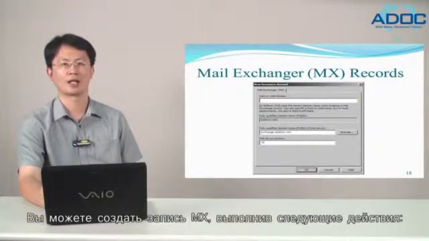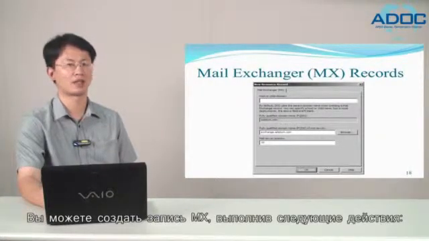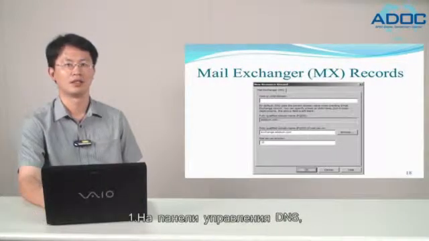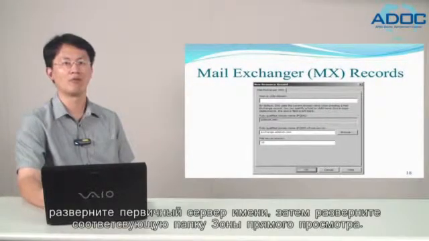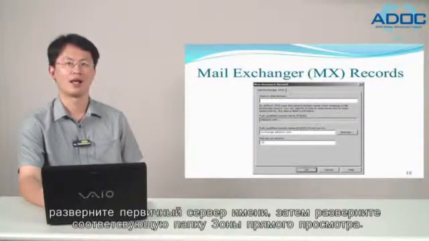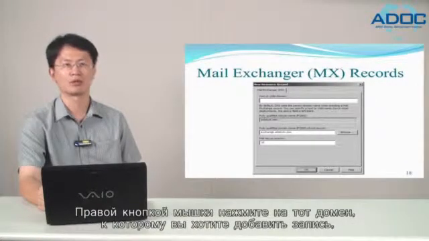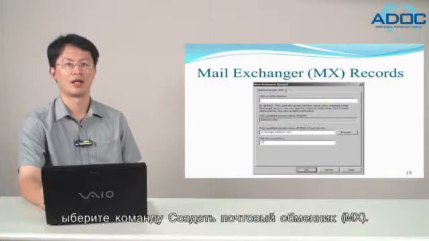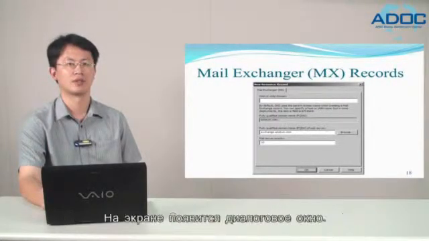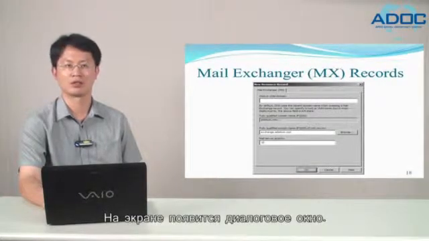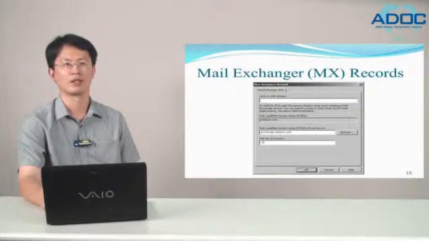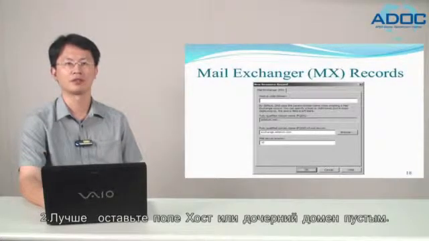You can create an MX record by completing the following steps. In the DNS console, expand the node for the primary name server, and then expand the related forward lookup zones folders. Right-click the domain to which you want to add the records, and then choose New Mail Exchanger (MX). This displays the dialog box shown in the figure. Consider leaving the host or child domain box blank.